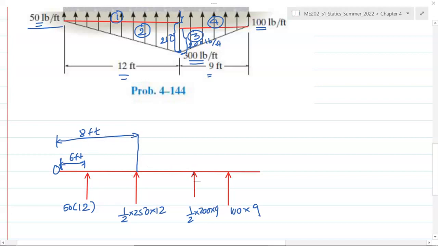For the third distribution, which is a triangle, its distance measured from this reference line is 1/3 of 9, which is 3, plus 12, because 12 is up to this point, and then 1/3 from this line, because the base is here. So the total is 15. And for the final rectangular distribution, it's half of 9, which is 4.5, plus 12. So that is 16.5.